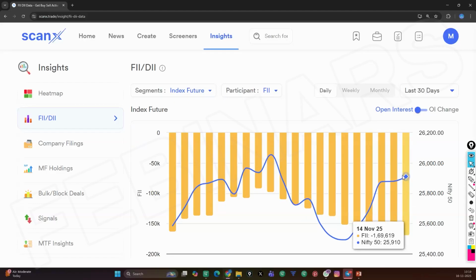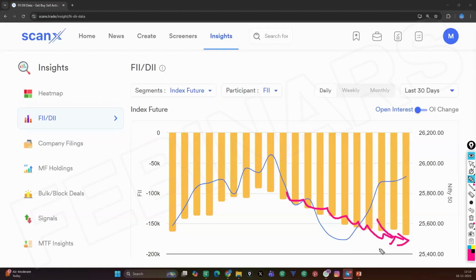They are not interested in buying at this level. So this is a clear indication, ladies and gentlemen. And if you look at this, there is a continuous rise in open interest, especially in their shorting. Their short positions are increasing day by day.